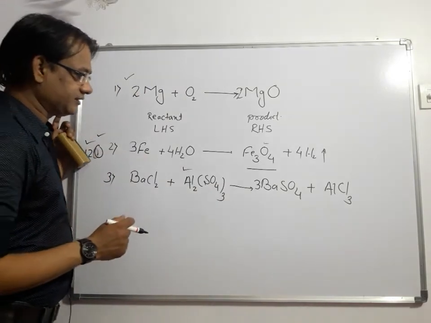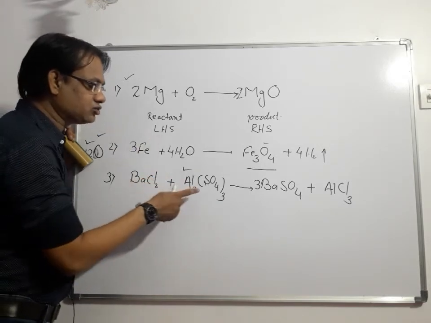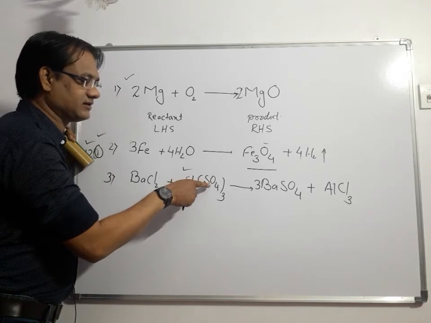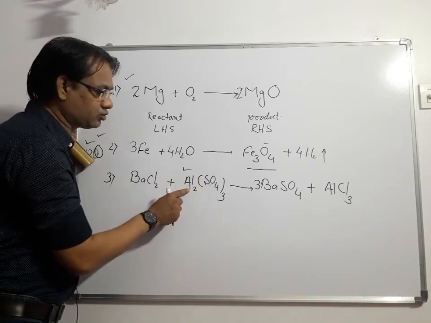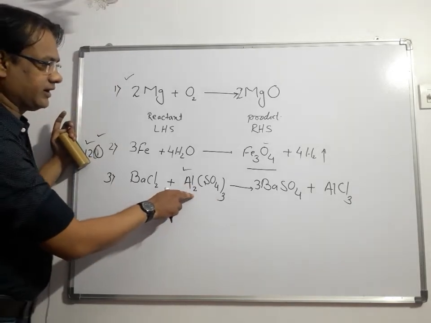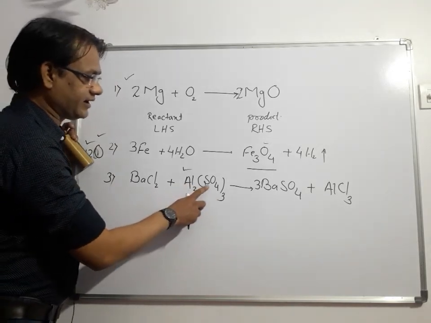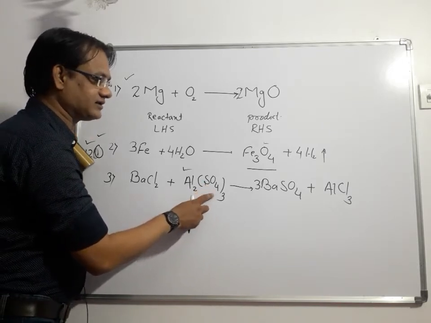Now next, I will choose the atom which is less in number as compared to oxygen. Here there are 2 aluminum and 3 sulfur. So first of all I will balance this sulfur.